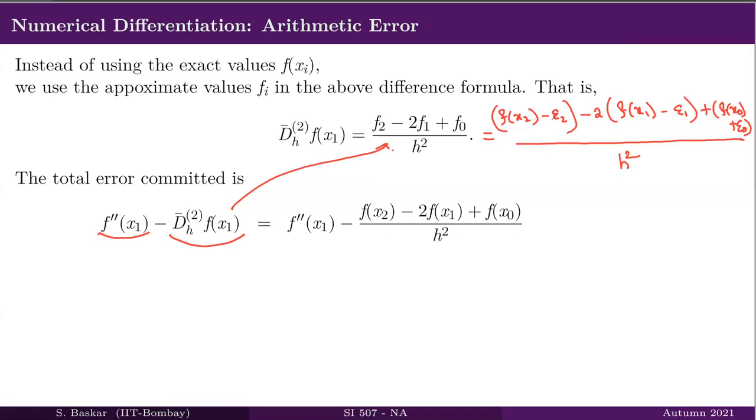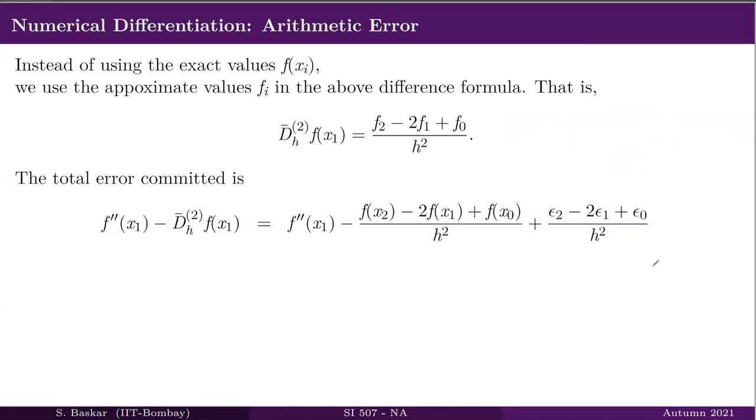Now I can just separate these terms: f of x2 minus 2 times f of x1 plus f of x0, that I will keep separately, and bring all the epsilon terms separately and write as epsilon 2 minus 2 epsilon 1 plus epsilon 0 by h square. Now you see, what is this? This is nothing but the mathematical error, and this is the expression for the arithmetic error. So finally, if I ask you what is the expression for the arithmetic error, you simply have to obtain this.